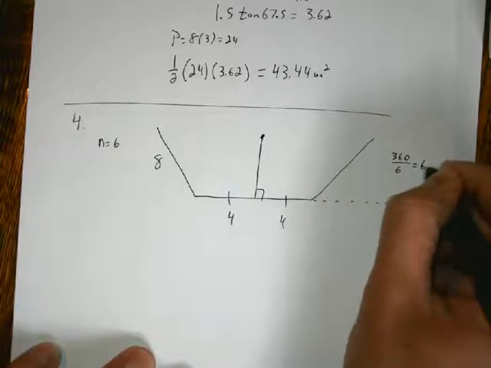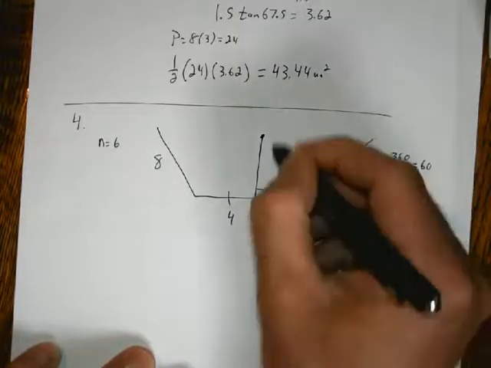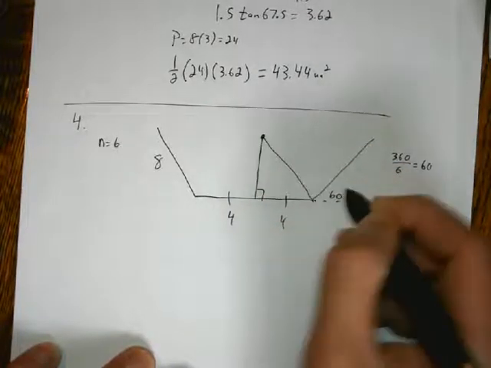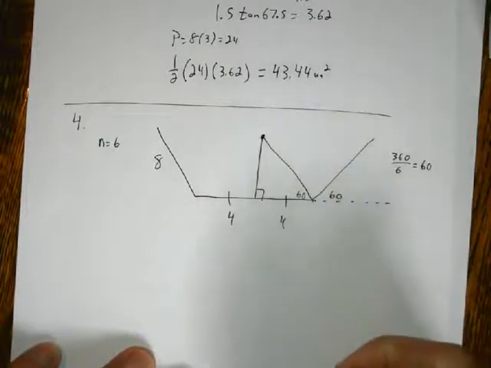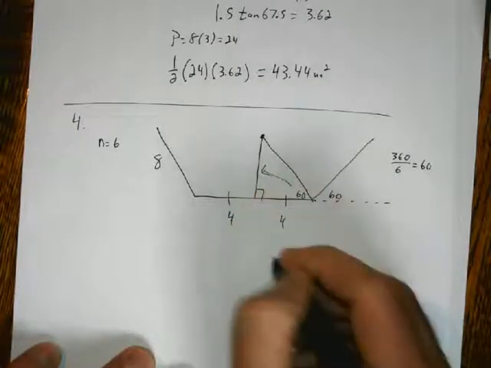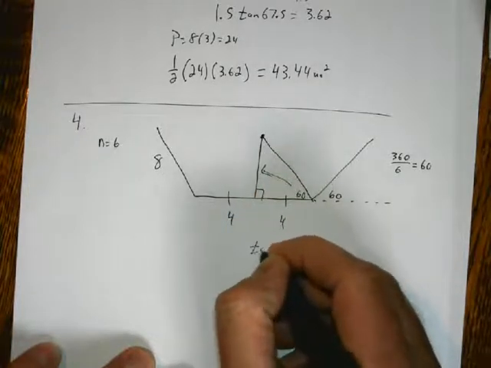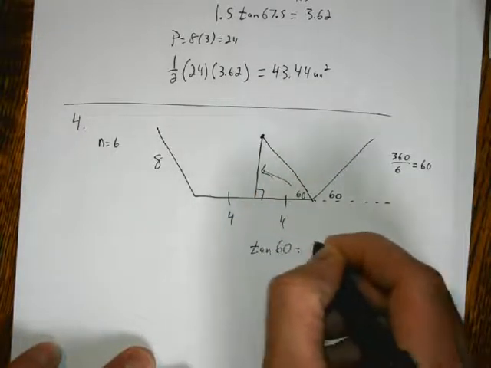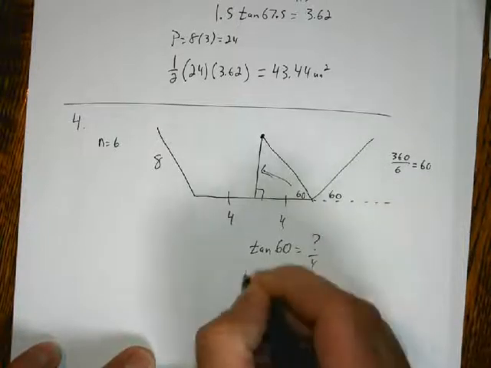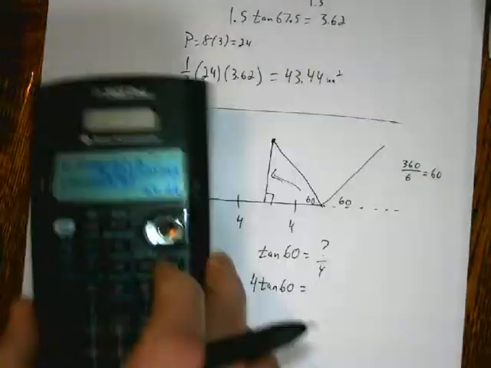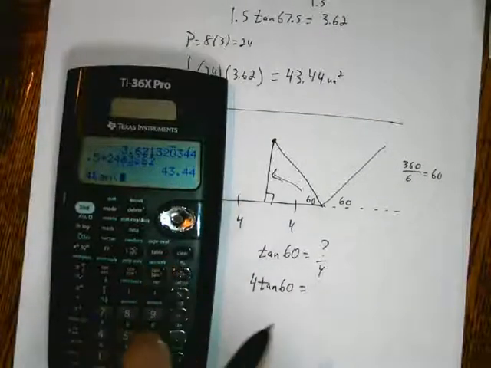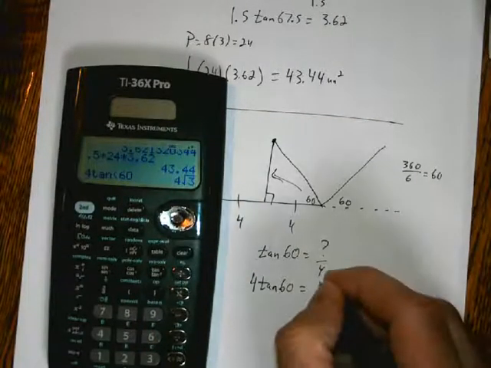That gives us 60 degrees outside, which means the inside has to be 120. Cut it in half, you're at 60 again. So there's our opposite. So tangent of 60 is something over 4. So we have 4 tangent 60 will be our apothem.